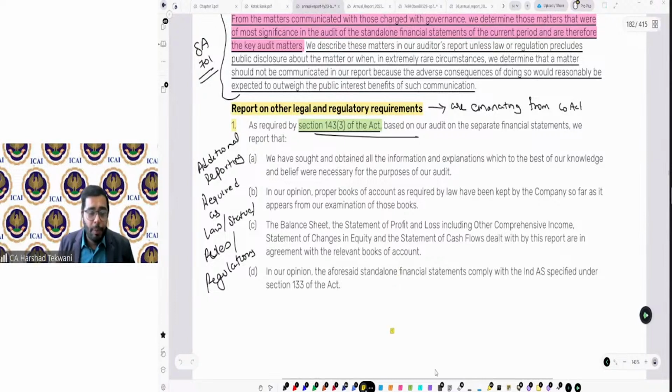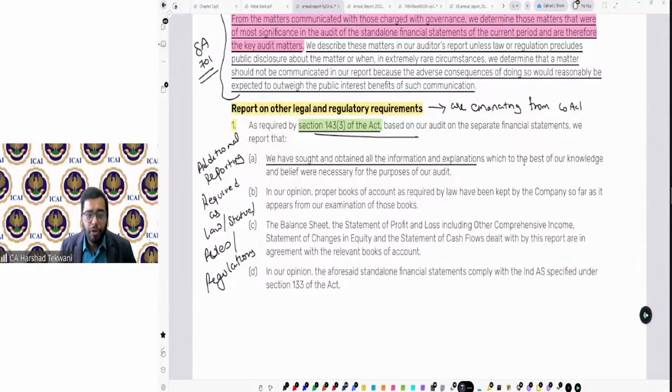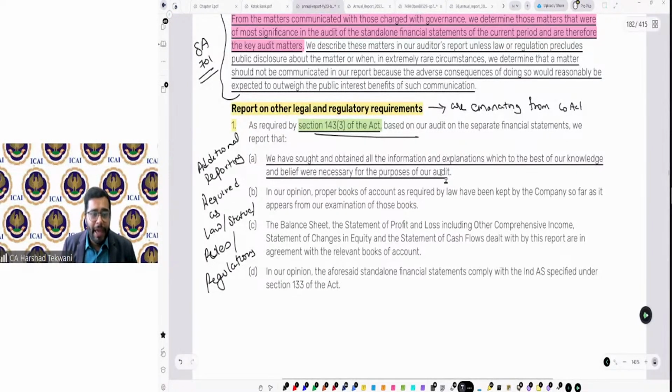So how the auditor reports is, when he gets all the information, he says that okay, we have sought and obtained all the information and explanation which, to the best of our knowledge and belief, were necessary for the purpose of audit. If not, then he is required to give the details. But here he has received everything, so he has not mentioned that he has not received anything.